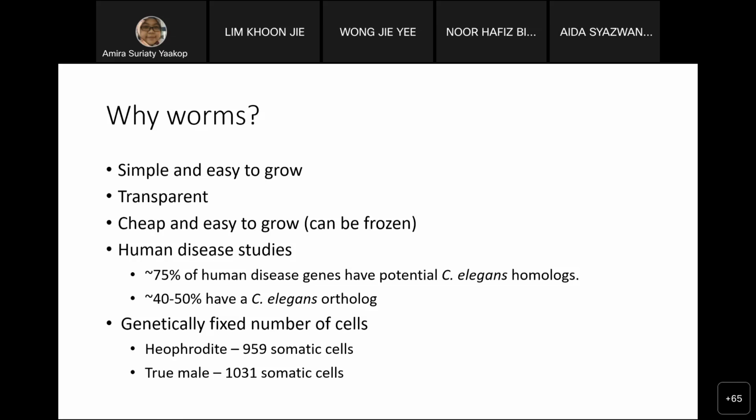Even though it's a worm's gene, the gene sequence is homologous to human, meaning it gives the same annotation and the same function as the human gene. So that's why we use worms to study human disease as well. And you can see that 40 to 50% have a C. elegans ortholog. So ortholog means same ancestor.